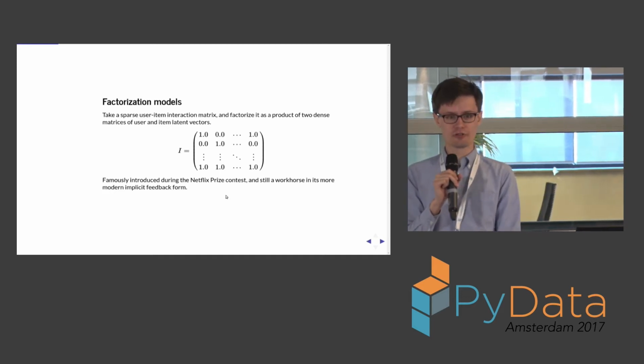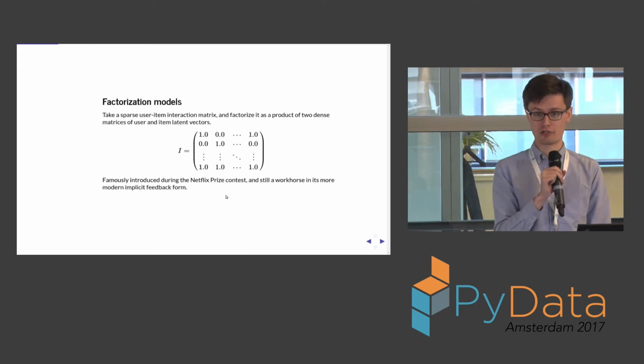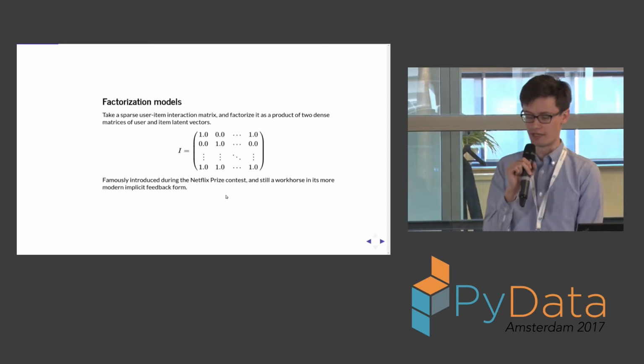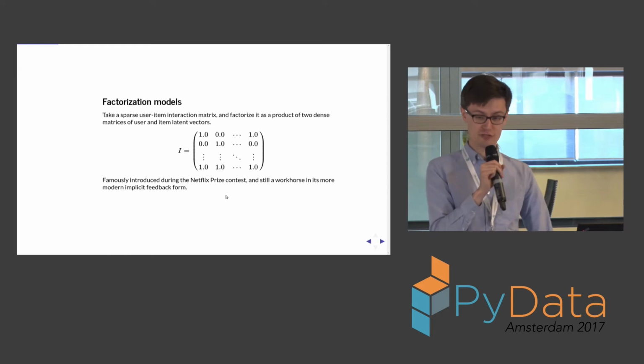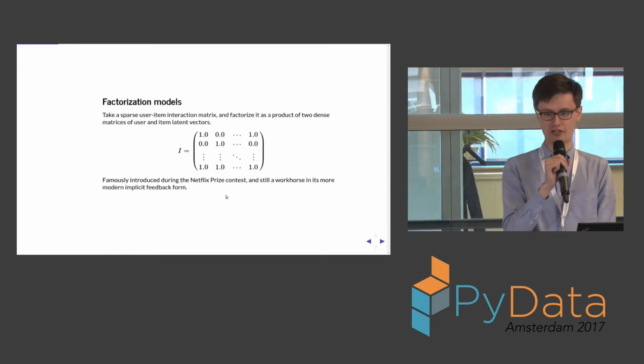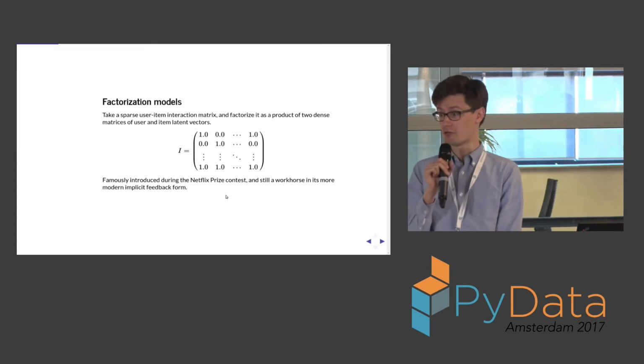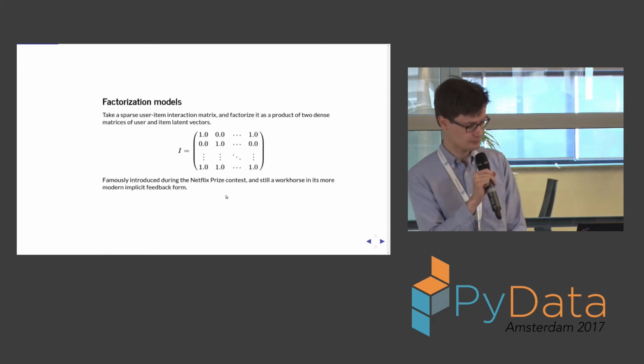In recommendations, in collaborative filtering, you take information on what people interact with. So you have a set of users and a set of items, and you express it in this big sparse matrix where you've got users as rows and items as columns. If a user interacted with an item, that's a 1 in your matrix, and if they didn't, that's a 0.